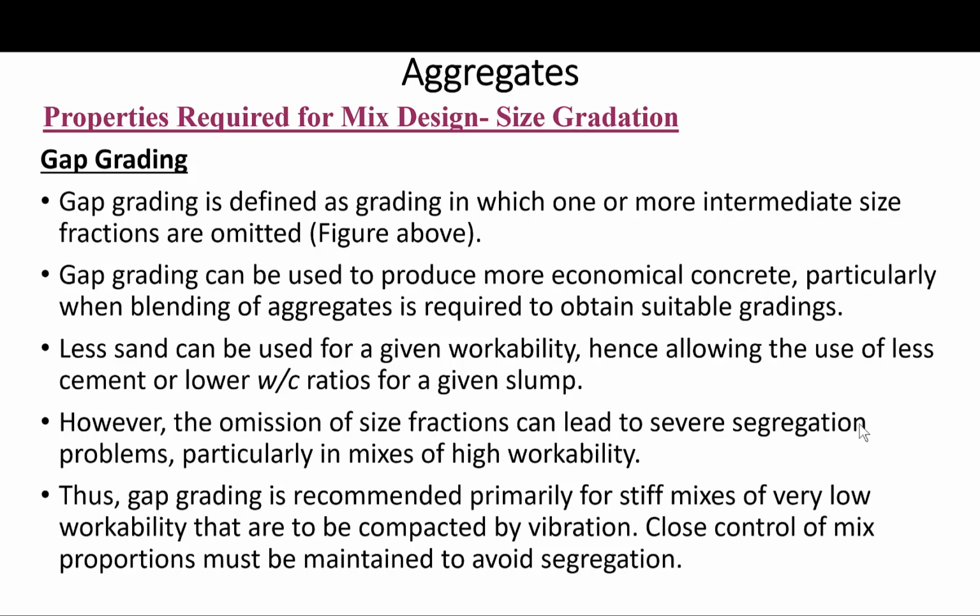The principal goal was to obtain a dense gradation producing low void content and a resulting minimum cement requirement. And again, when it comes to gradation, much room for improvement is still there. And again, experience and experiments will go a long way in determining or proposing the best combination of aggregates.